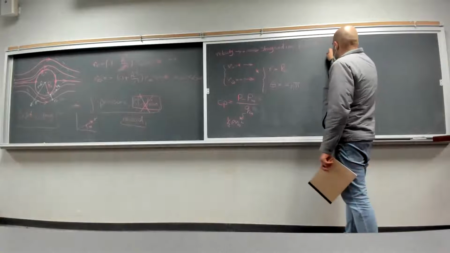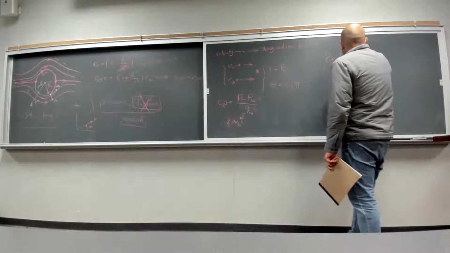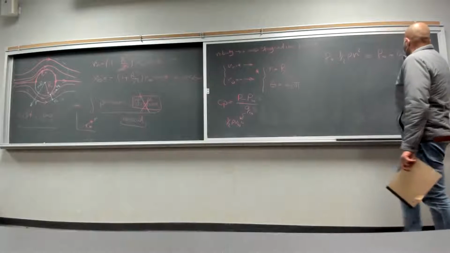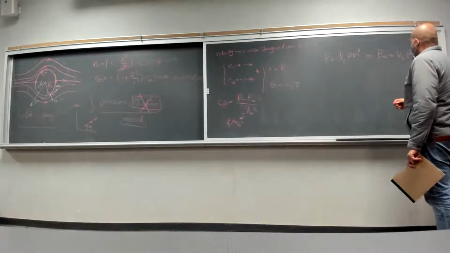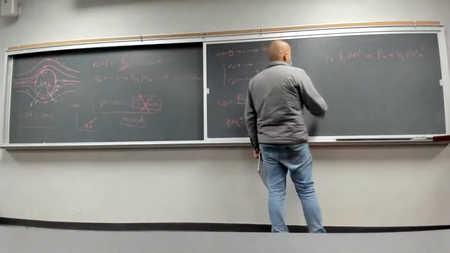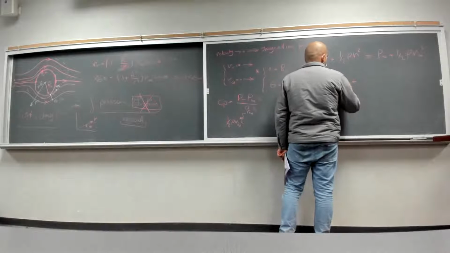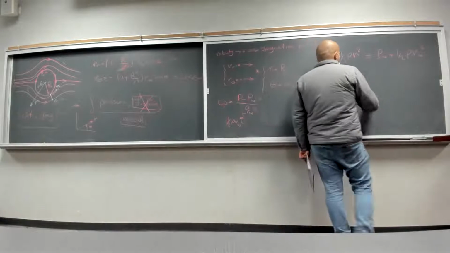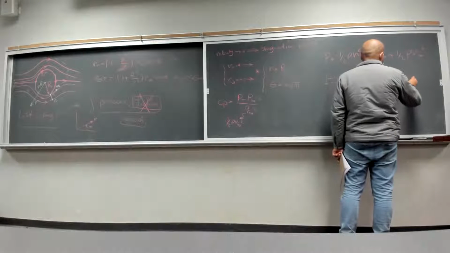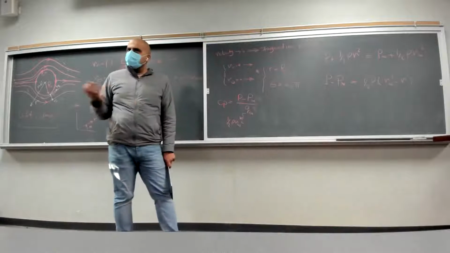If you apply Bernoulli's, you're going to get P plus 1/2 rho V squared equals P infinity plus 1/2 rho V infinity squared, right? So P minus P infinity is going to be equal to 1/2 rho times V infinity squared minus V squared. Does this make sense?